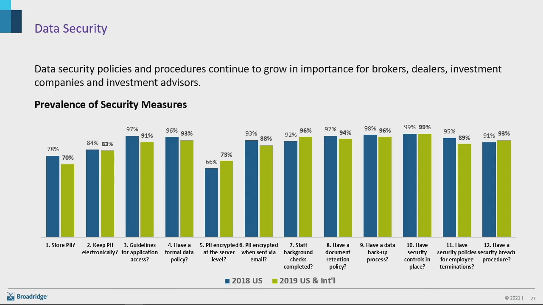And the one area that had a little bit of a negative decrease was encryption at the email level in graph number 6. You see that went down a little bit from 93% to 88%.